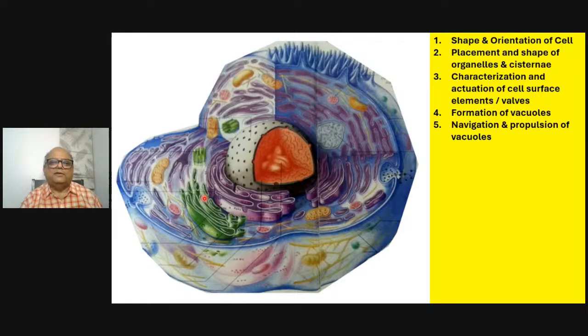Now, lysozyme is said to be the suicide agent of the cell. It could even kill the cell itself, could dissolve the entire cell. Okay.